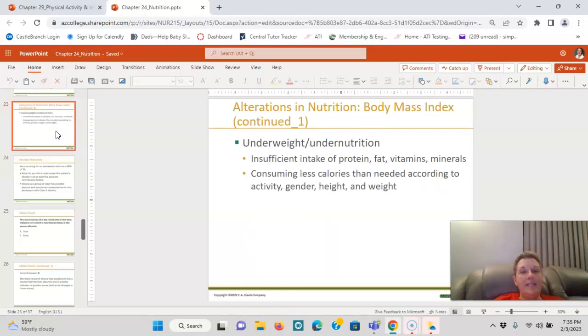Underweight means insufficient protein, fat, minerals, vitamins, consuming less calories than needed according to activity, gender, height, and weight. So when we talk about underweight, undernutrient, we kind of think two parts of this. Could be a child not getting the right nutrients.